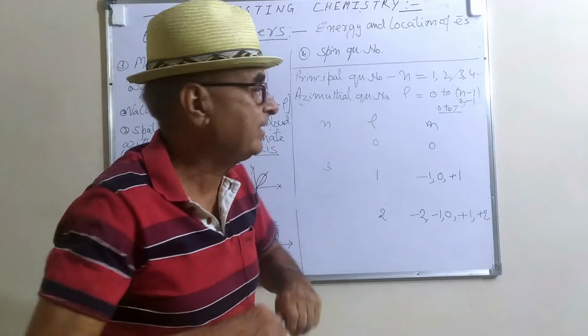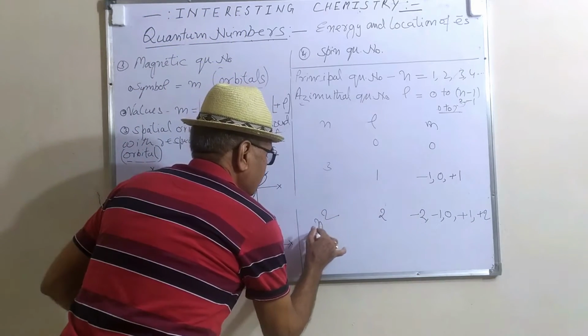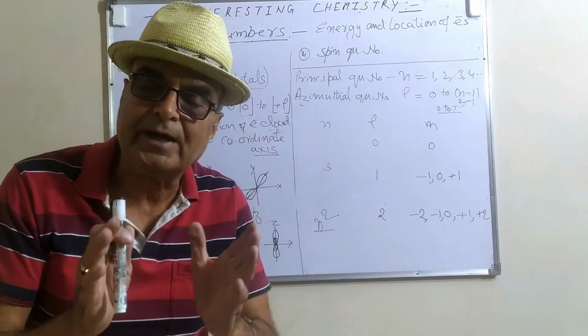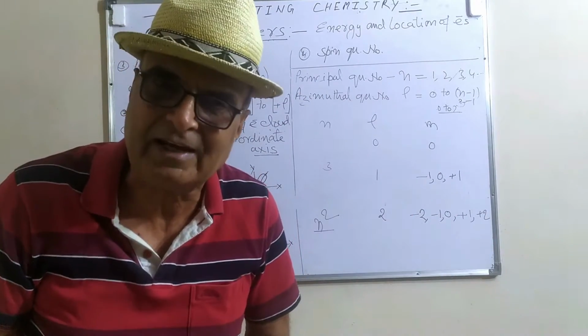Directly you can calculate with n square, which tells us the number of orbitals in a particular cell.